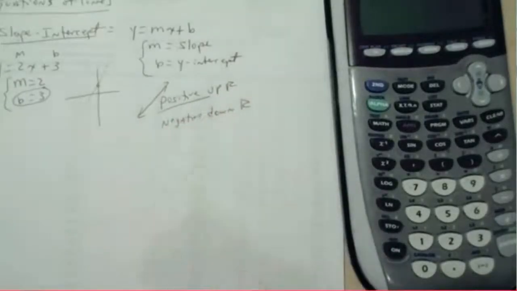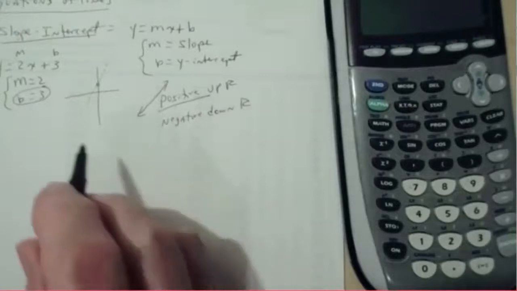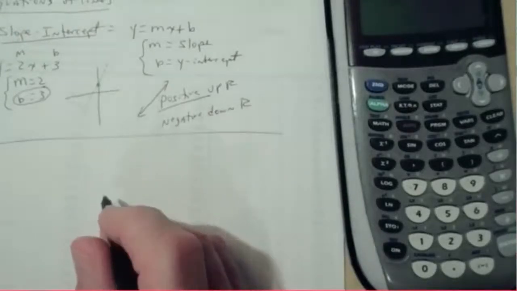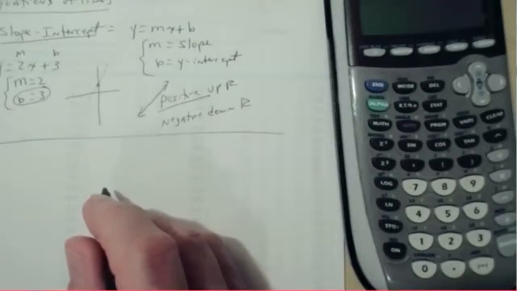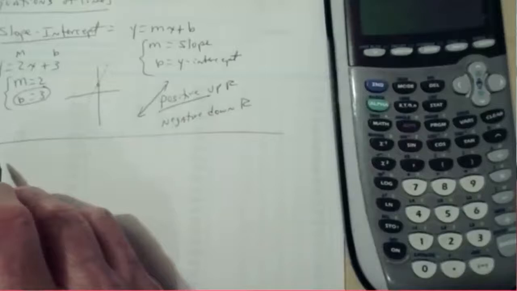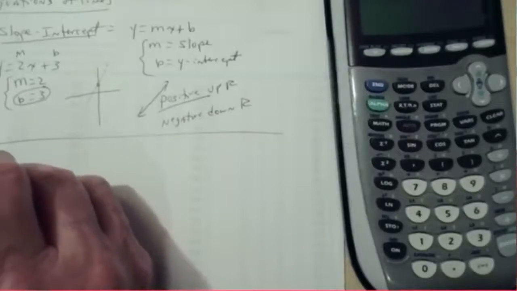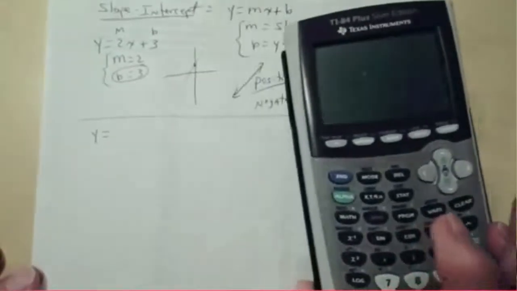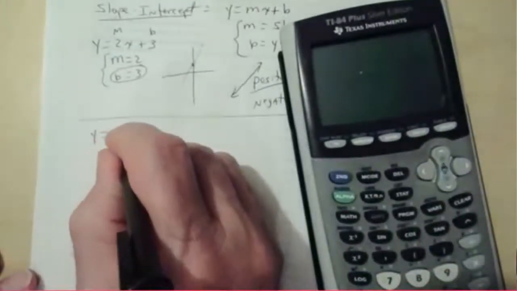Let's do y equals, well, why don't you put it over here so we can see. Y equals negative 5x minus 1.